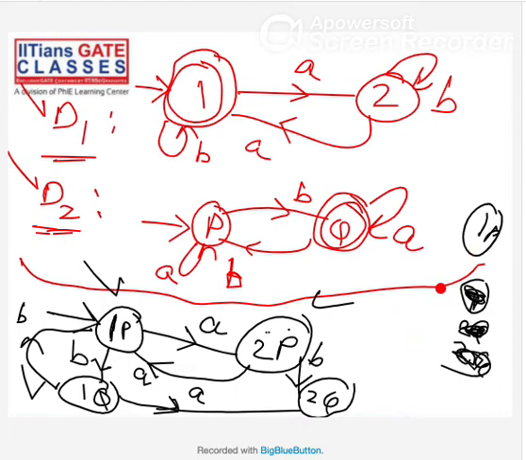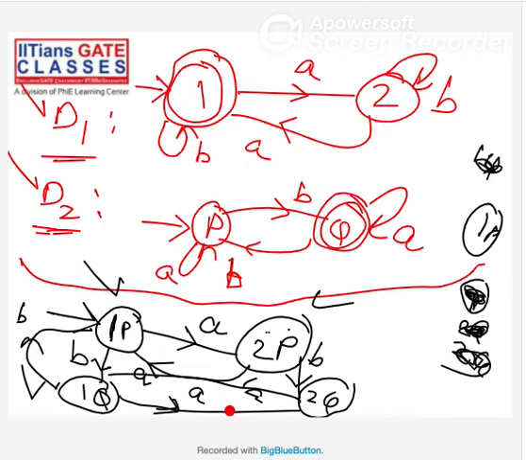You can see this 2q, where will it go on A? This 2 will go to 1, and this q will go to q. So basically you will go to 1q. So from 2q you will go to 1q on symbol A.